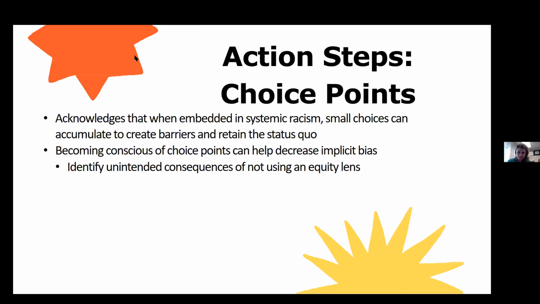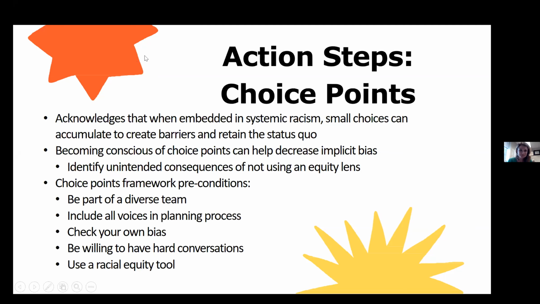By labeling it a choice point in your head, you're running through it. It doesn't mean you're going to find something salient in every single decision, but in a system like a government system, you probably will find a lot of salience in these really small decisions that you're making. So it's really just a way to increase your awareness.